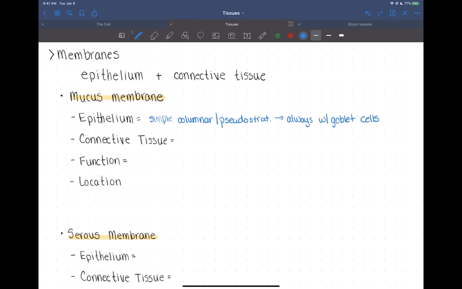Then the connective tissue underneath that epithelium is areolar connective tissue, and it has a special name. It's called lamina propria. So in our mucous membrane, the areolar connective tissue underneath is called lamina propria.